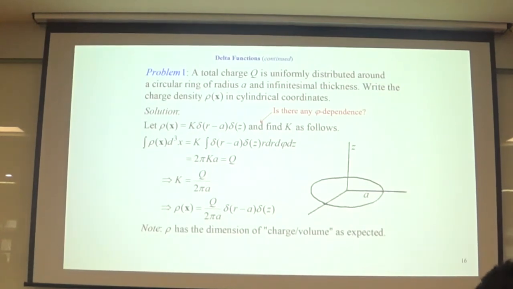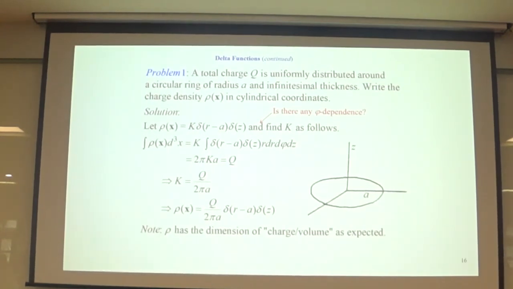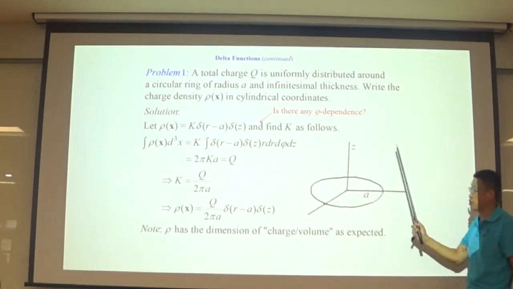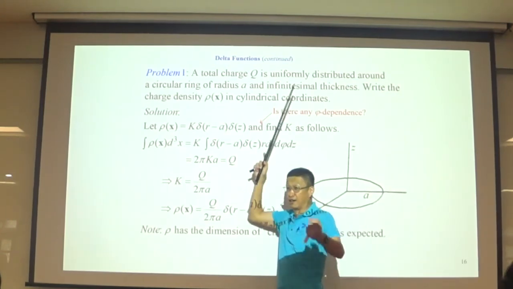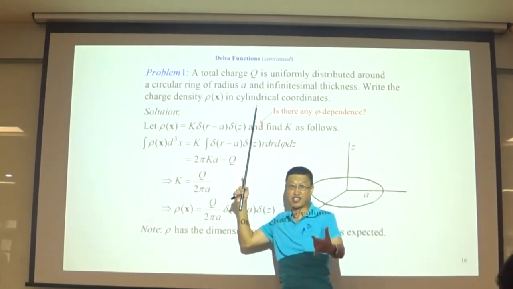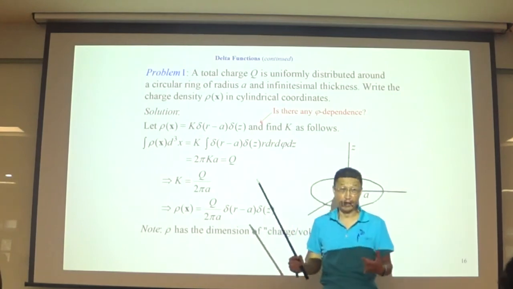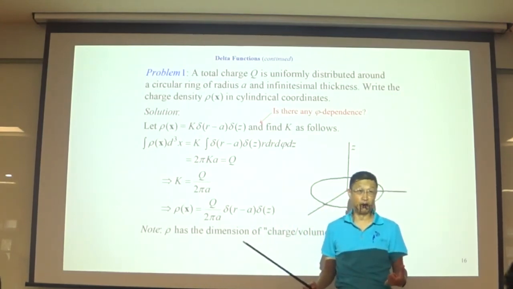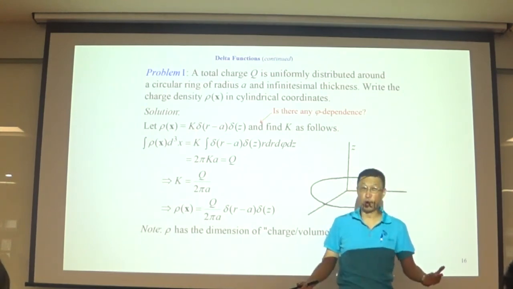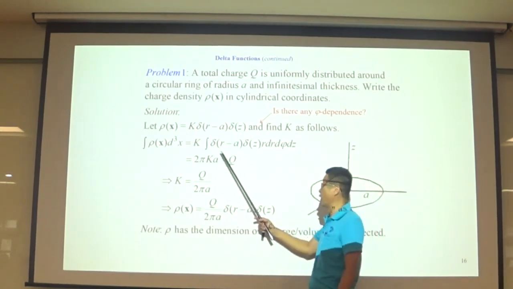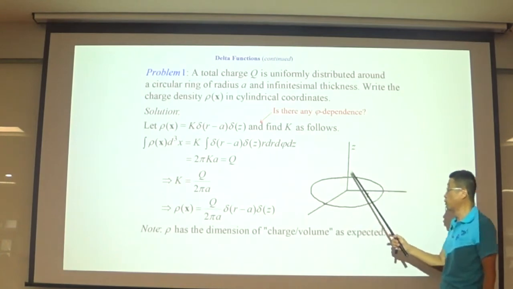We have 2 rho. Rho is coordinate, and rho is charge, volume charge density. We use the same notation. Uh-oh. How to do that? Change one. Change which one? Change it. Rho to r.